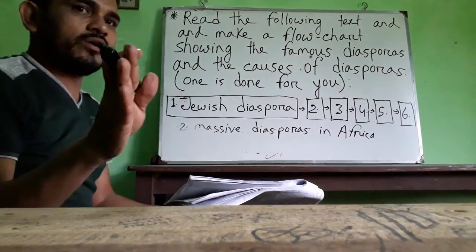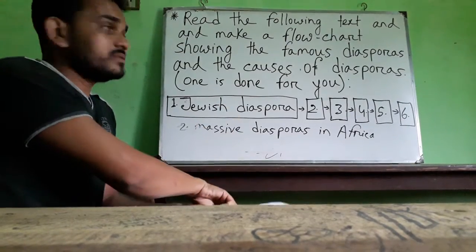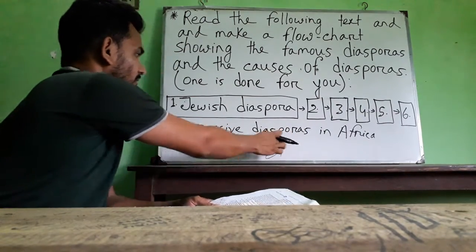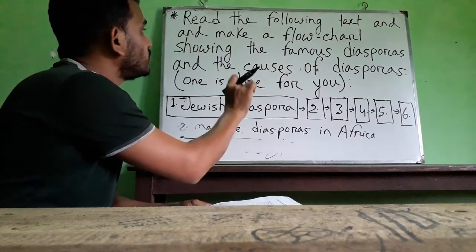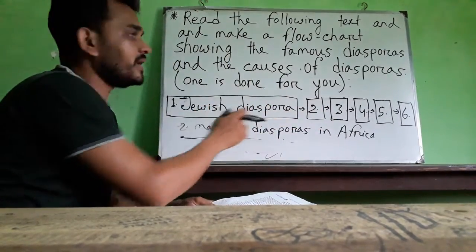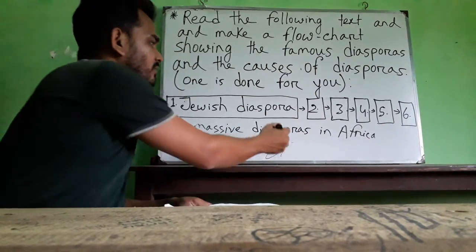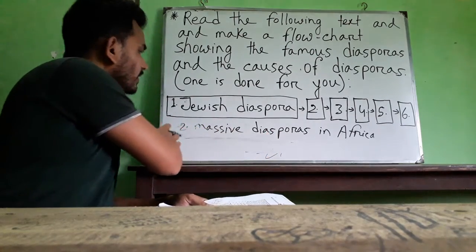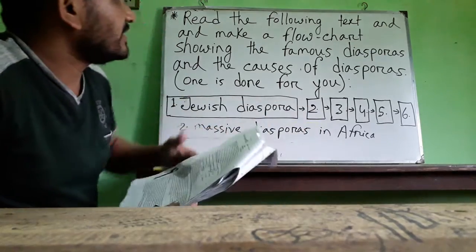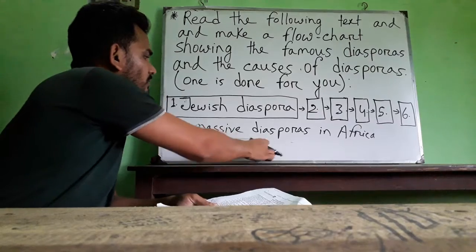My dear students, in your answer script, you will not write the flowchart like this. You will have to write short notes inside the box. Here the box is small, and the full writings will not be able to fit here, so I am writing below.